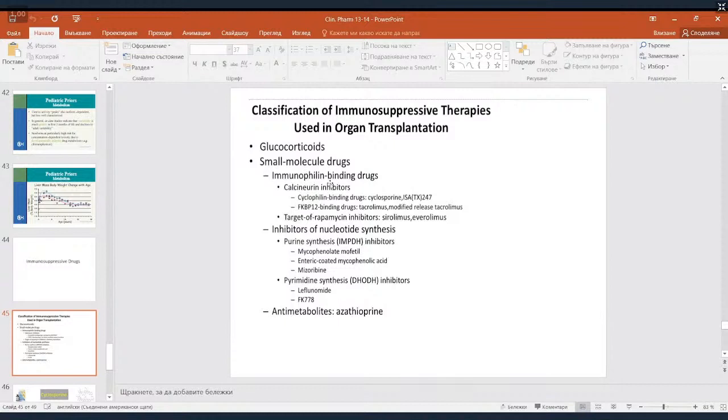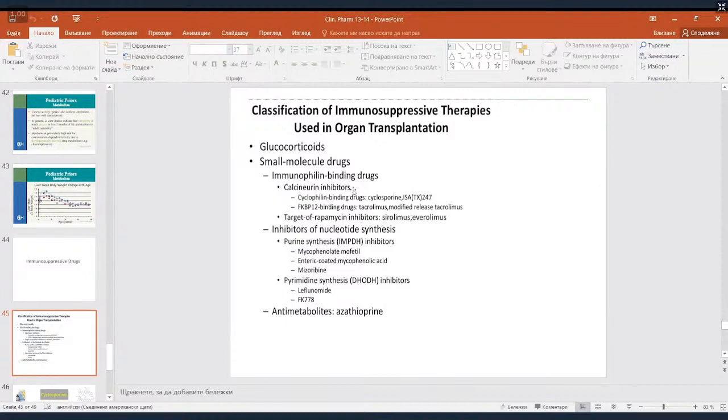And we have these drugs for the last 30 to 35 years, and they really make a huge difference in the treatment of organ transplantation patients, and they prolong the life of these patients by providing immunosuppression and survival of the transplant graft.